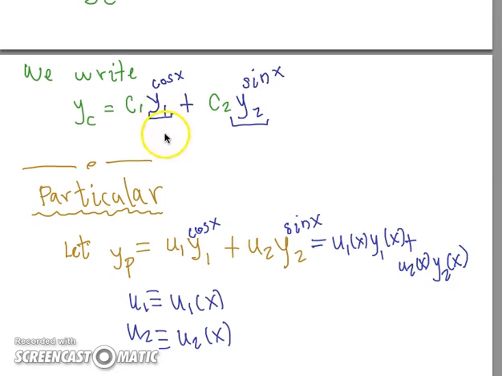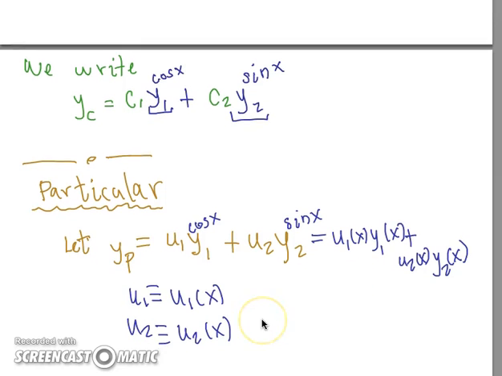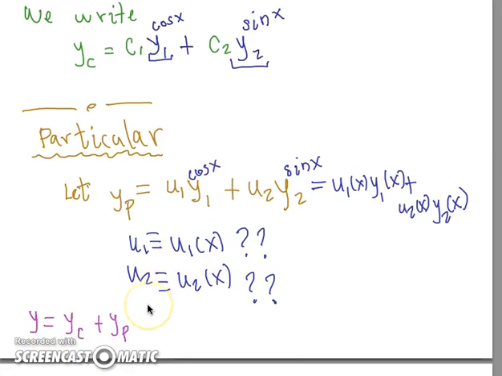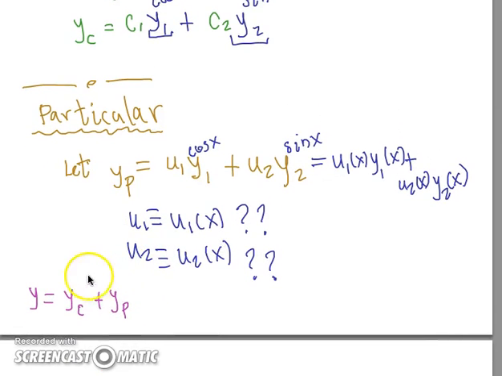y1 and y2 come from the complementary solution. u1 and u2 are assumed to be functions, but they need to be determined. So that is the task. How in the world are we going to determine u1 and u2? But let's remember that ultimately what we would like is for a solution y to be this linear combination of complementary and particular.